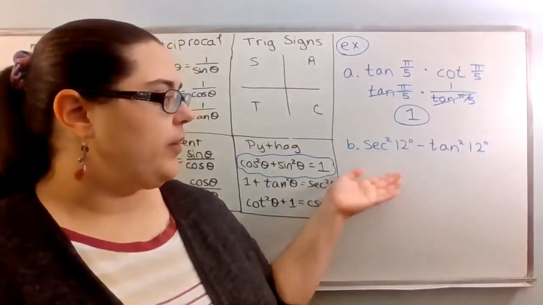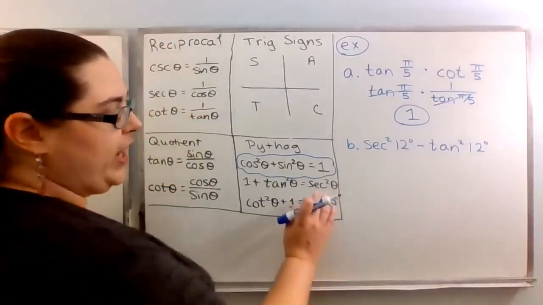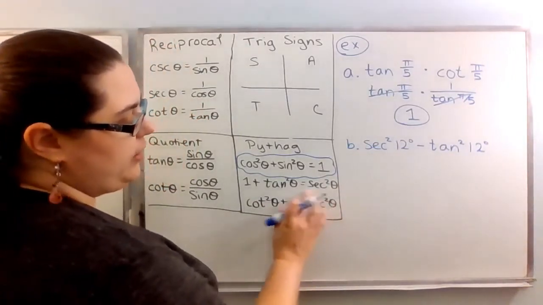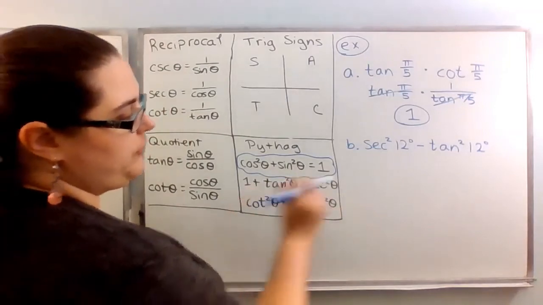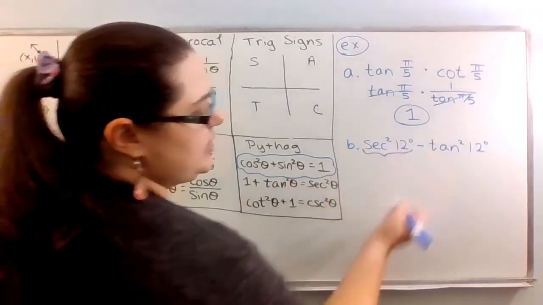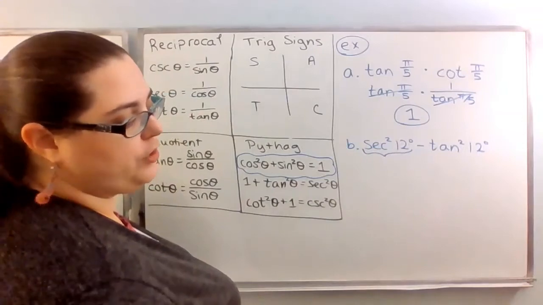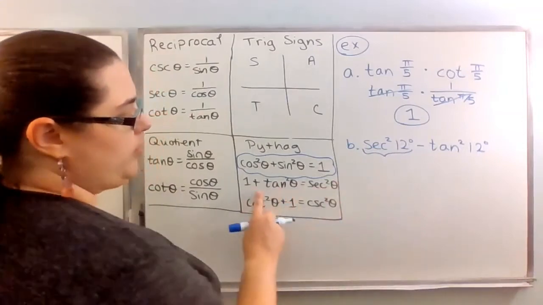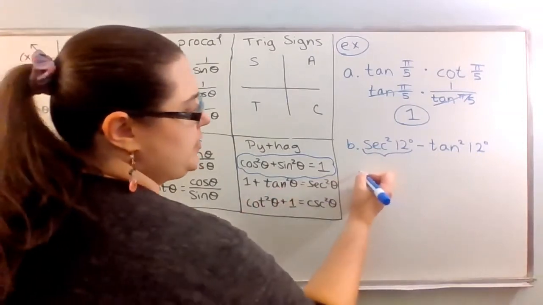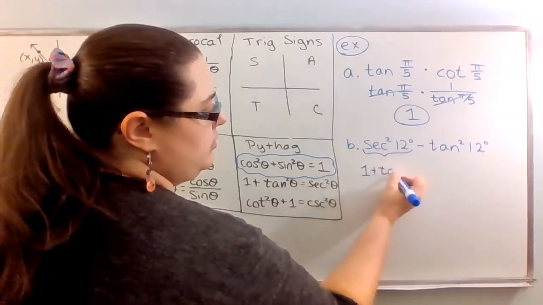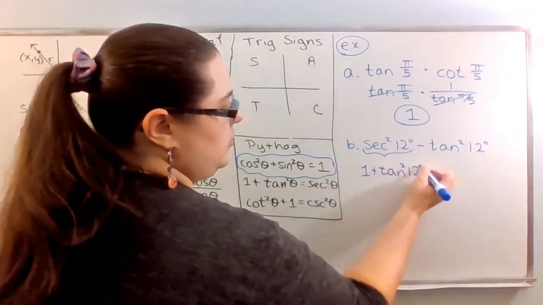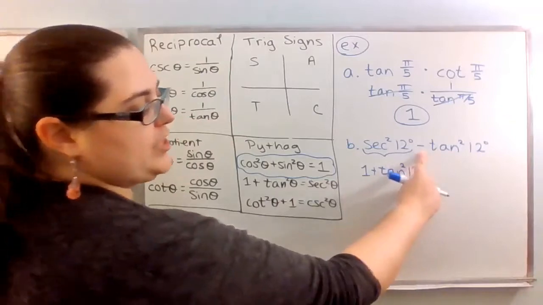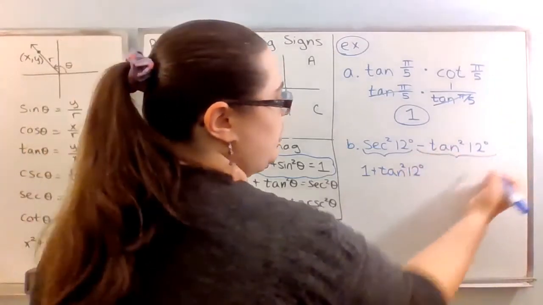So in this case, we have the statement that secant squared is 1 plus tan squared. So I'm going to replace secant squared 12 degrees with 1 plus tan squared 12 degrees. And then I bring down my minus tan squared 12 degrees.